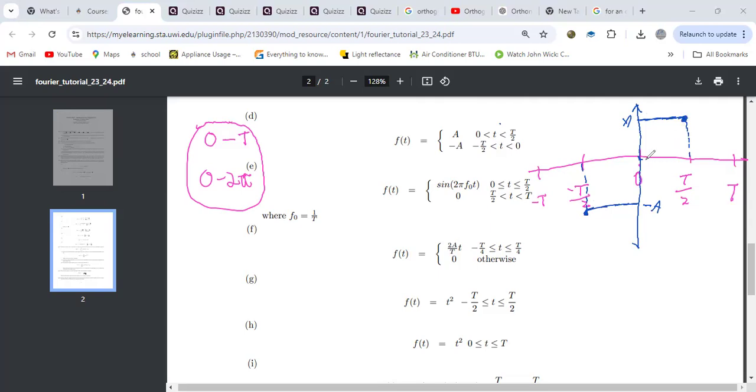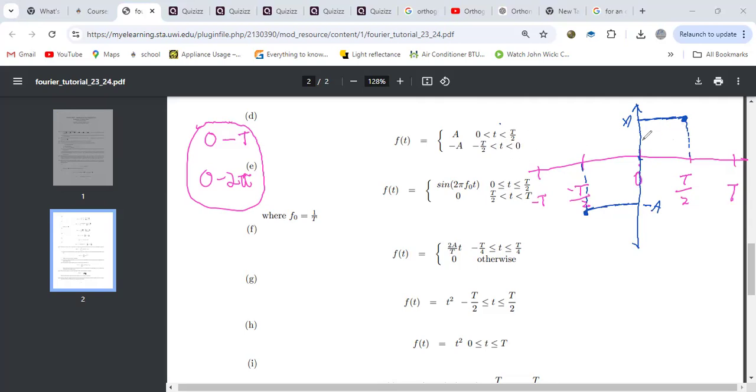But if you start from 0, you will just end up with half of it, so you might shoot yourself in the foot. You could just start from here and integrate to here based on how she gave it to you.